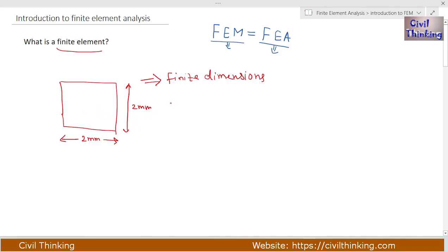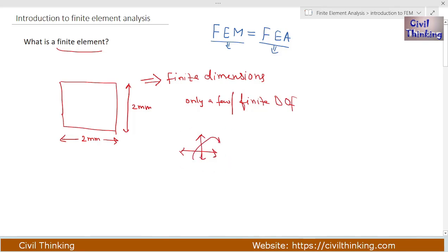Not only this, it also has only a few or finite degrees of freedom. For example, it can move left, right, it can go up or down, or it can rotate.